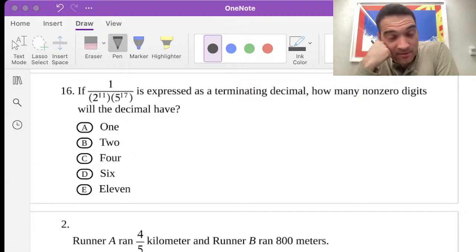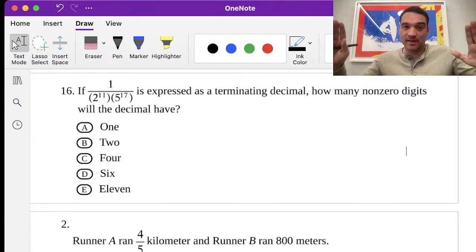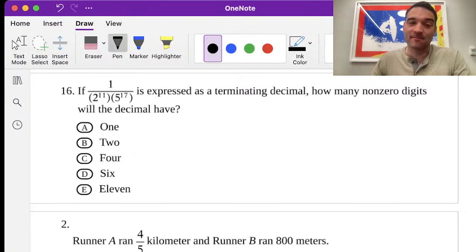If I break 10 down into its component pieces, what's the prime factorization? Two times 5. So let's put it this way. A 5 and a 2 make a 10, right? Anytime I have a 5 and a 2 and they match, we create a 10.